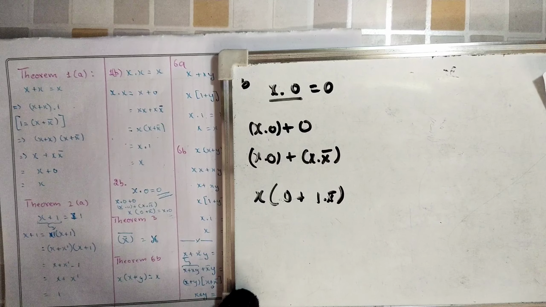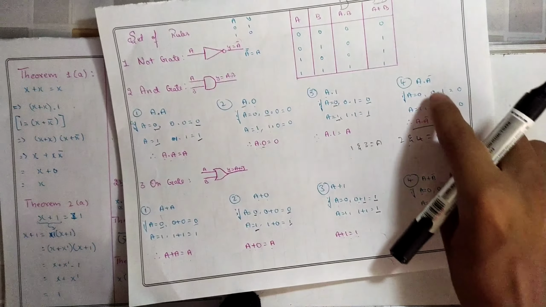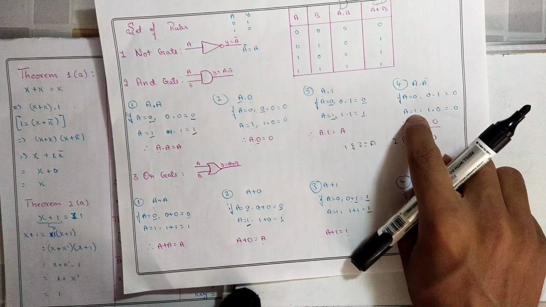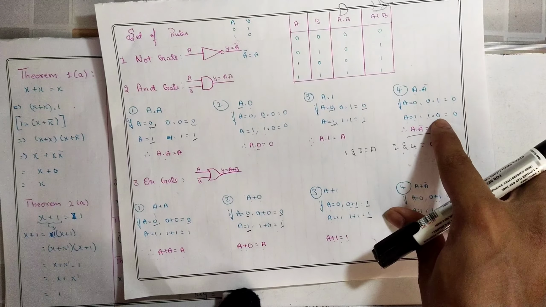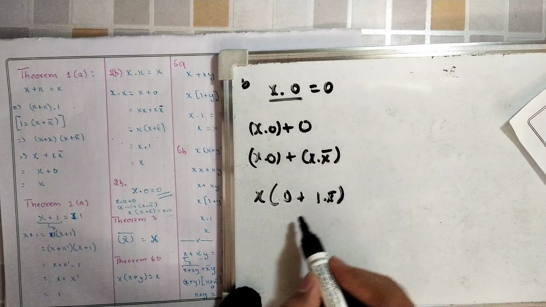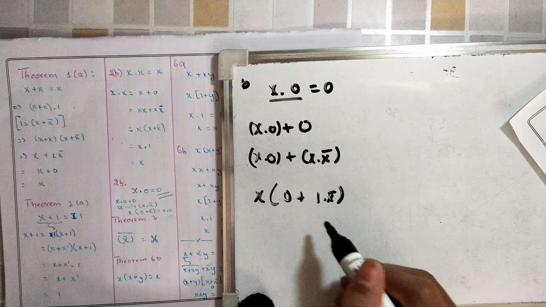So 1 into x bar is 0 itself. So see here a into a bar, right? We have a bar here, suppose that is x bar. So if a is 1, 1 into 0 is 0, so you can write 1 into x bar equals 0 itself.